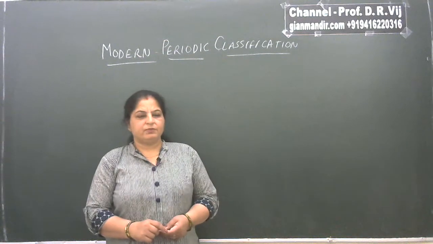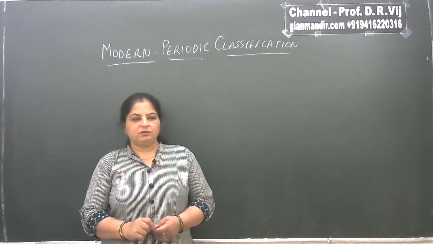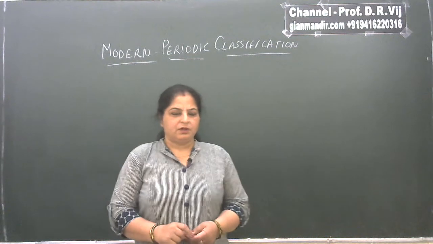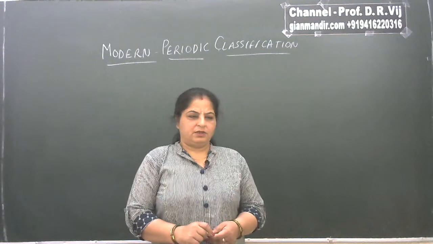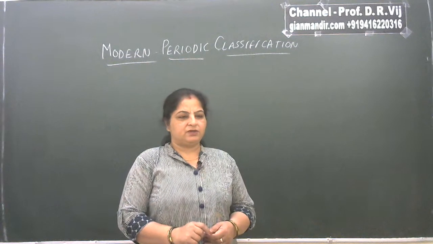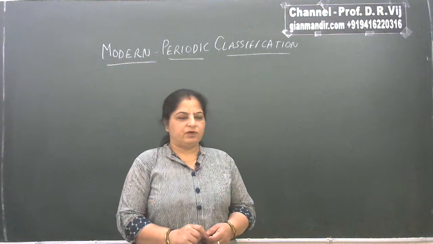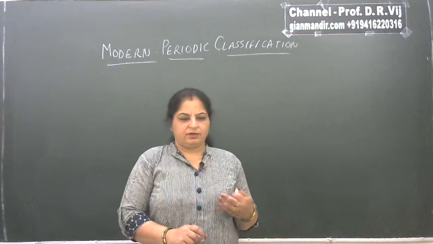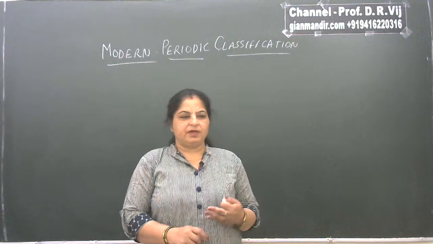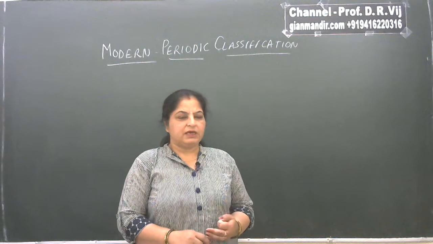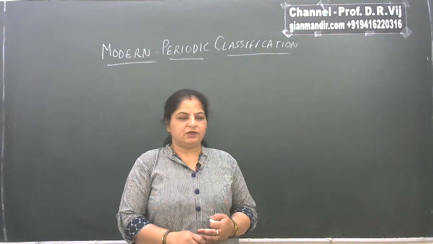Hello dear students. So today we will discuss the modern periodic law and modern periodic classification. As you know, since a long time ago people have been trying to classify the elements in different ways, whether it is the classification by Newlands or Dobereiner's triads, or Mendeleev's periodic classification.